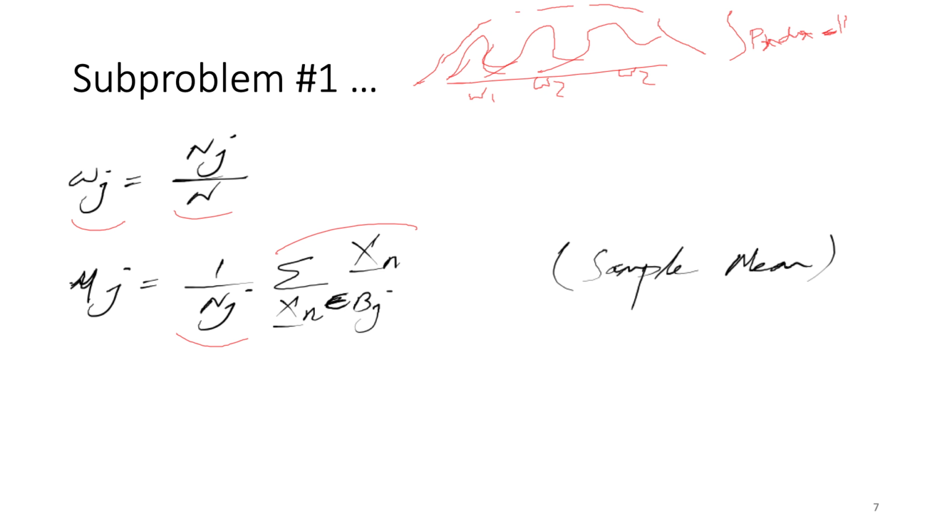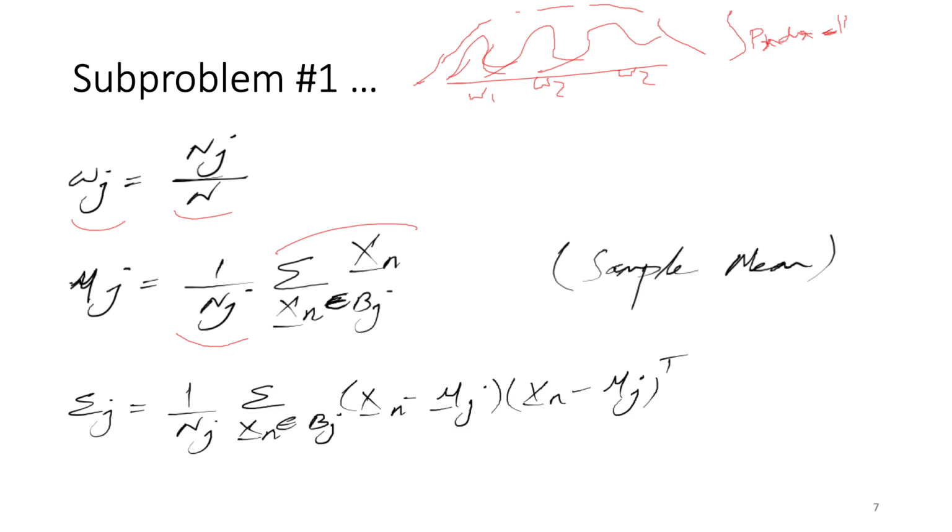So for those points that we sample, we calculate their w and mu and also the covariance, right? We call it the sample covariance, and this is also the sample weight, if you will.